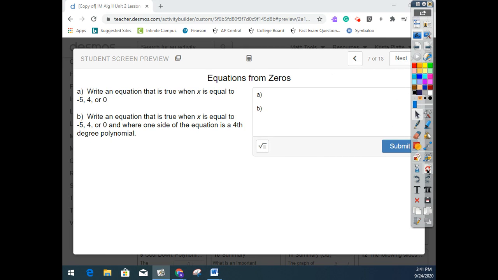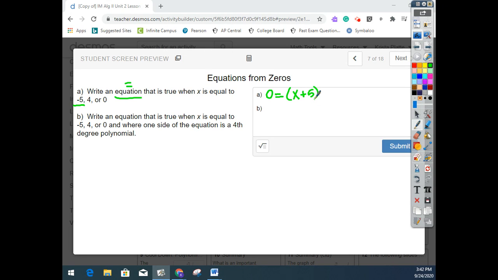So now if we want to go backwards, what if I know -5 makes the equation true? Now you can just start with 0 equals, because when you write an equation, you better have an equal sign or it's not an equation. All right. So if -5 makes the equation equal 0, I have to have x plus 5 as a factor.